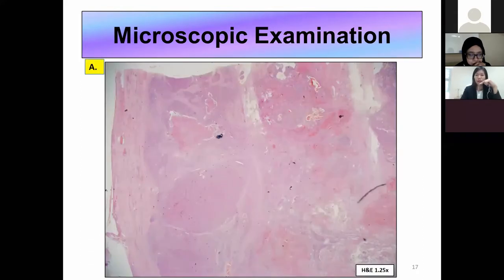So this is the section from the right lobe. It shows complete effacement of the thyroid tissue by malignant cells in solid sheets. You can see there are solid nests and some trabecular formations. Extensive areas of hemorrhage are noted, but there is no necrosis seen.